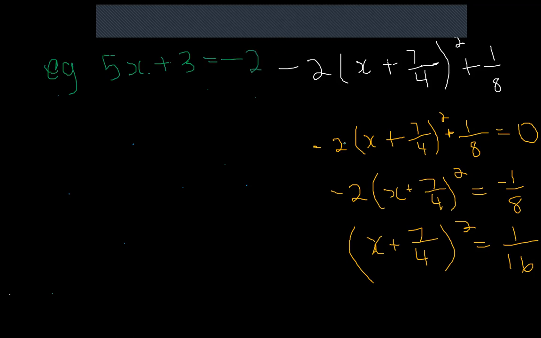So forget this question for now. We're not looking at this. Just look at the green. If I have 5x plus 3 is equal to minus 2, and I wanted to find the value of x, what would be the value of x in this case?